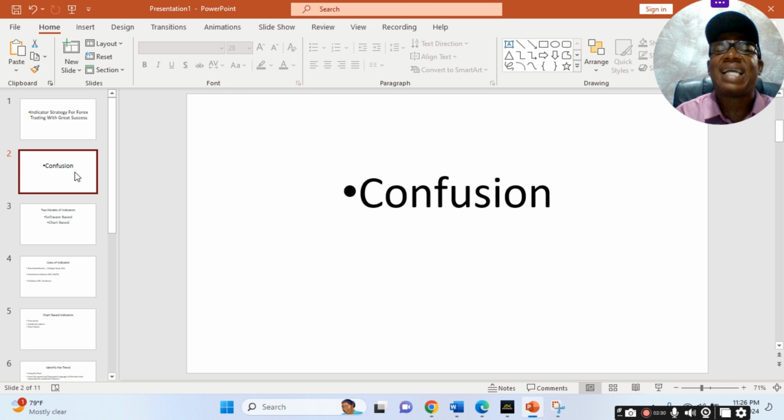In fact, I can't name them. So most traders find it difficult to choose the right indicator for them. And that is why you are here. I will tell you the right indicator for you as a forex trader.